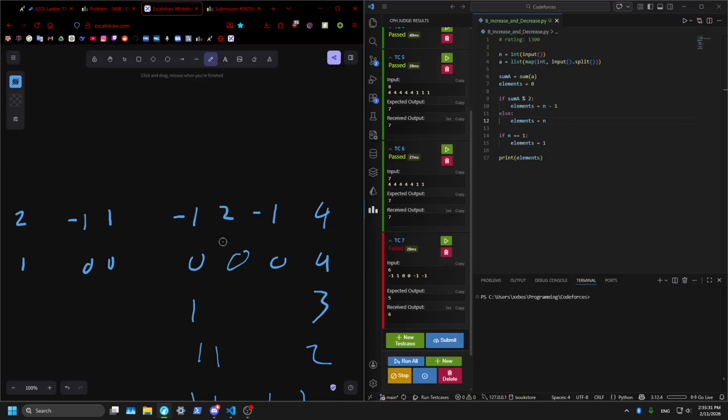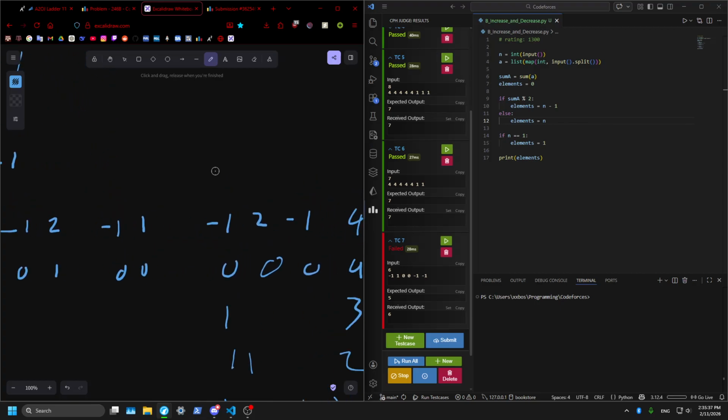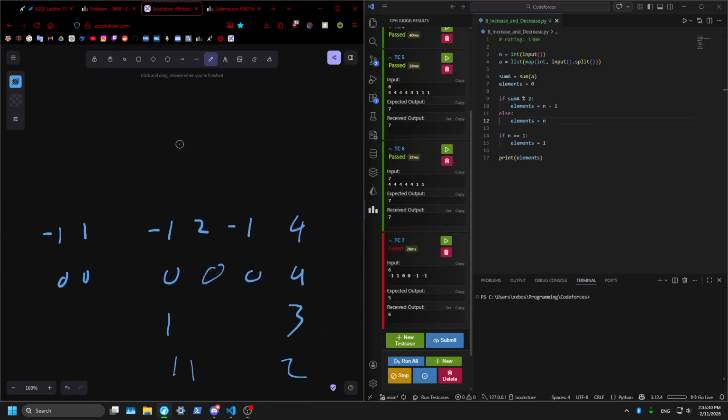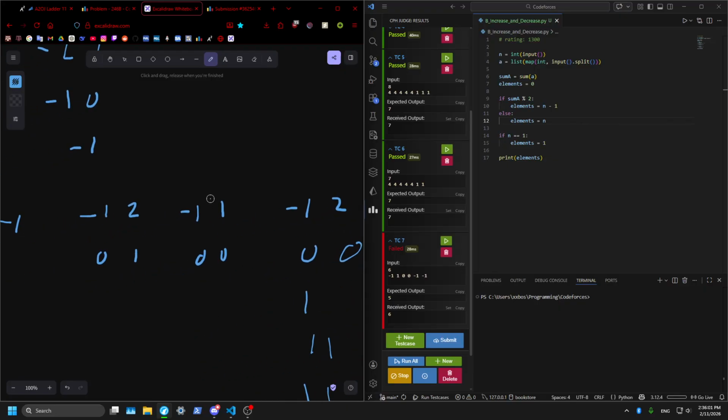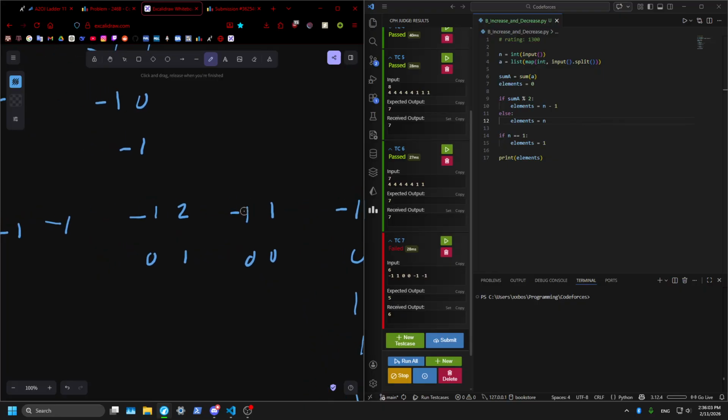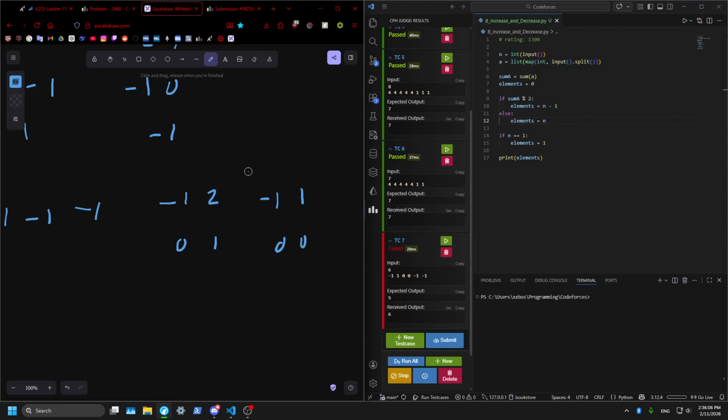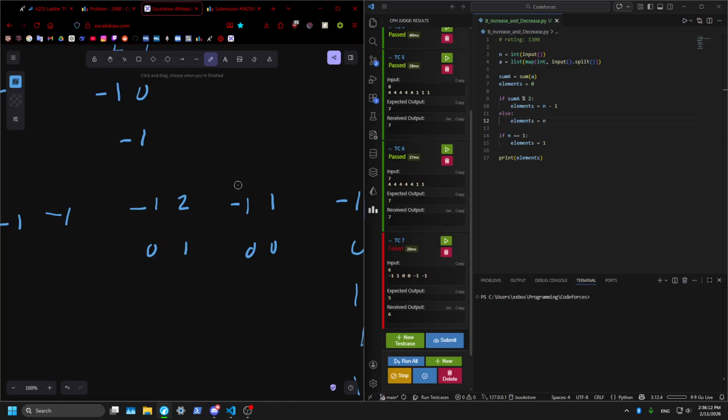So if sum is divisible by n for all cases, then the answer is n. This is 4. Sum here is 4. Okay. Sum here is 0. 0, yes, can be divided by n. So it's 2. Then the answer is just n.